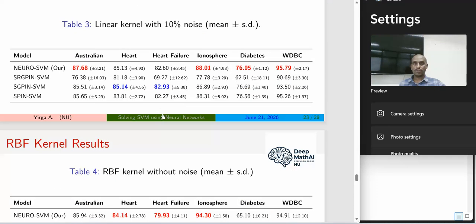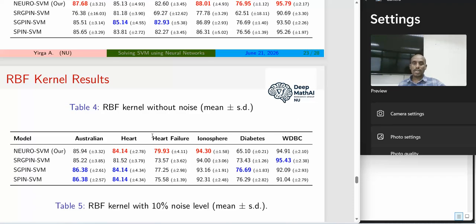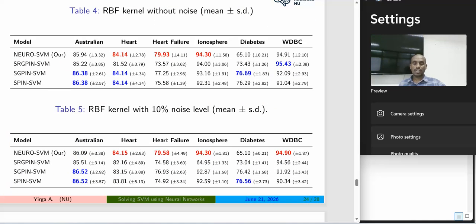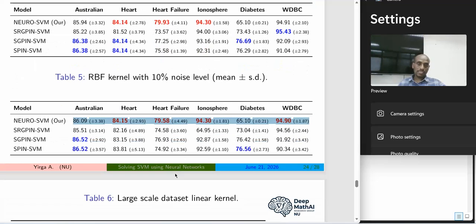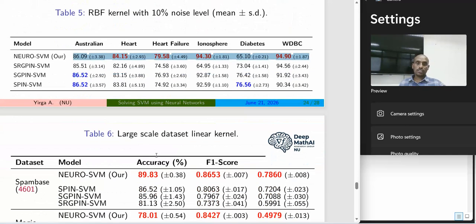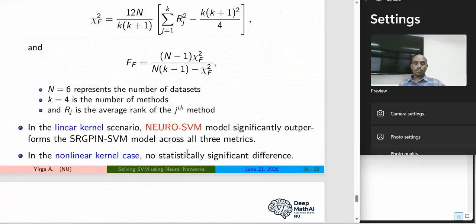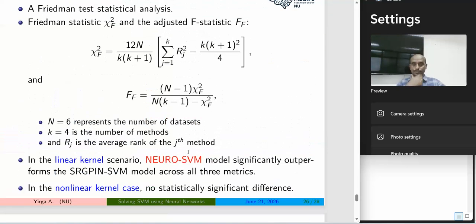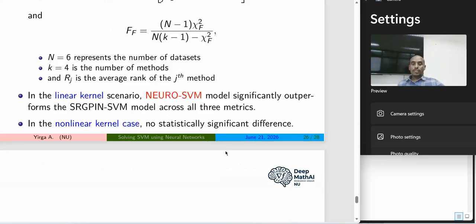For example, this is the RBF kernel, and it wins in 4 datasets out of the 6. But when we calculate the average ranks and compare significance, no significant difference was observed.